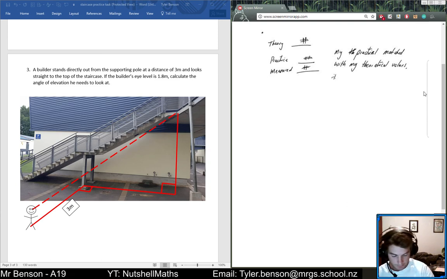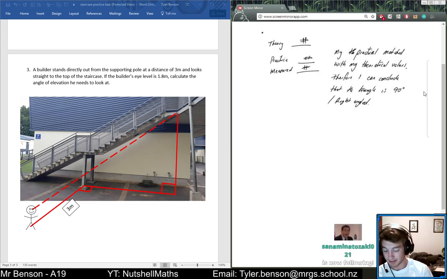Therefore I can conclude that the triangle is 90 degrees, slash right angled. Does that make sense? Right, I'll read you what I wrote on this piece of paper. I said method 1 and 2 are both very close to the theoretical answer, therefore I can conclude this is a 90-degree triangle.